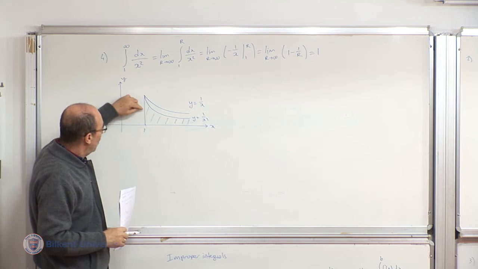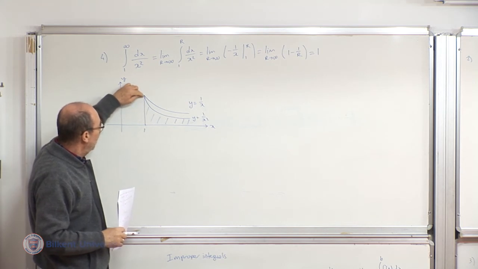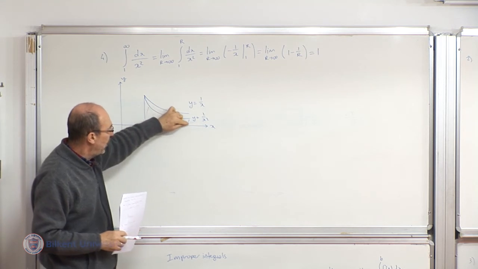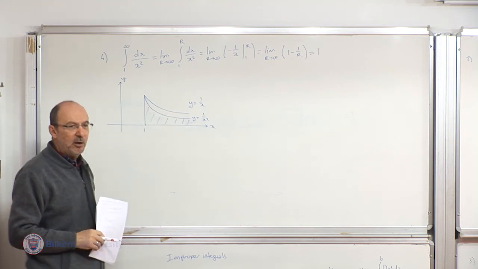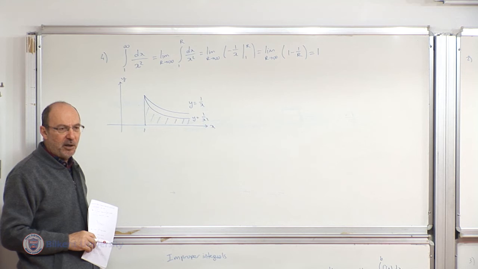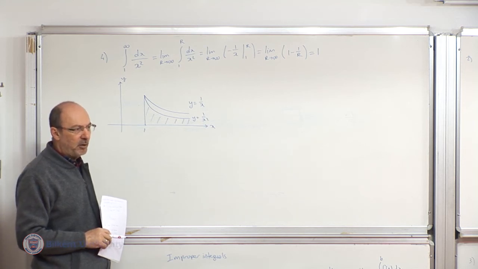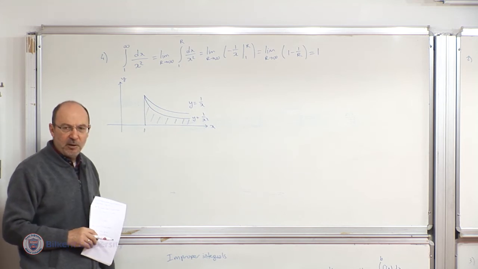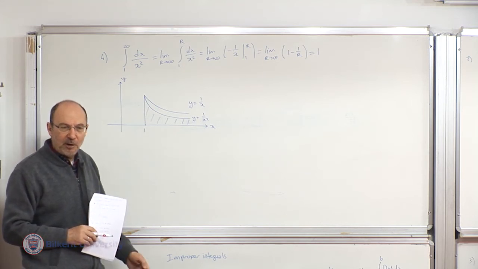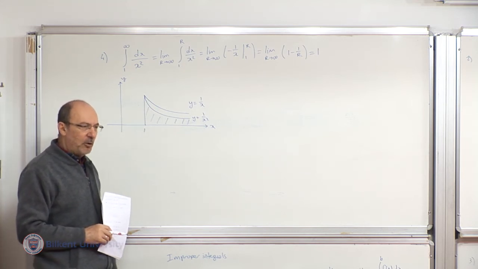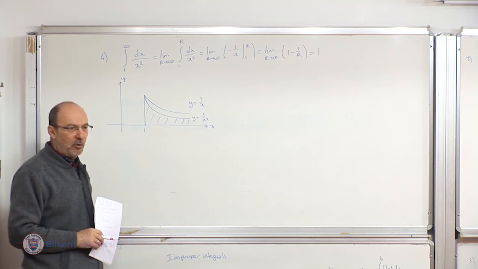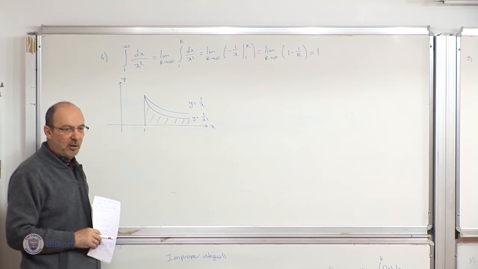If I look at the area under the curve 1 over x cubed, it goes like this, so I'm using only some part of an area which is equal to 1. So the area under the curve 1 over x cubed from 1 to infinity is strictly less than 1. I know it is finite, and I even know that it is less than 1.